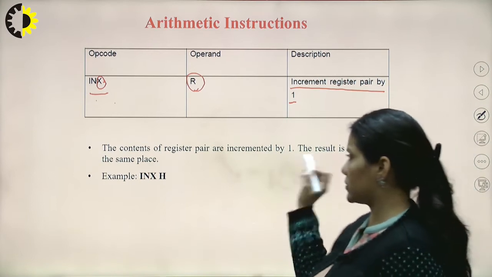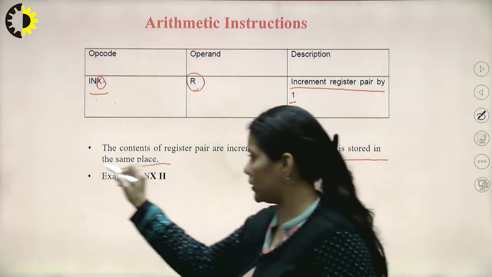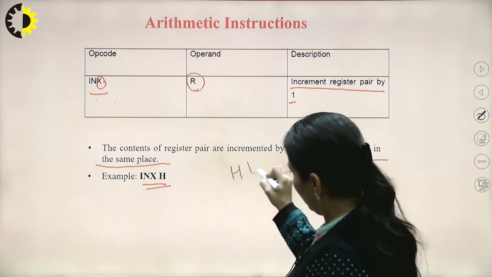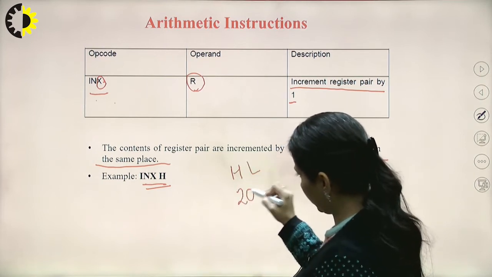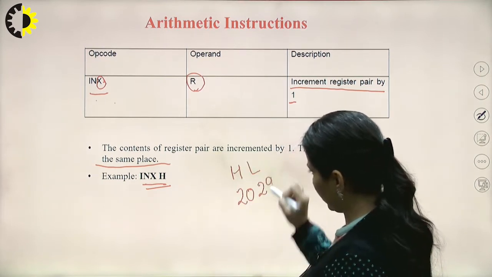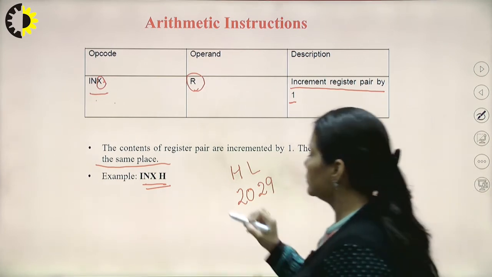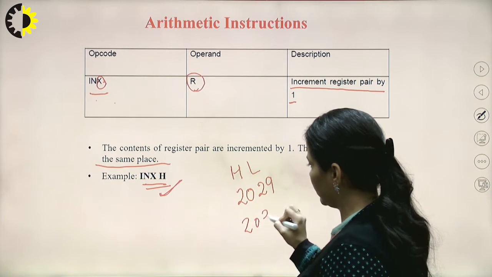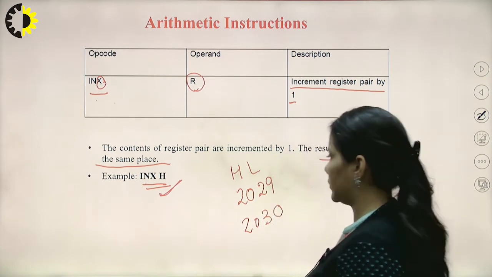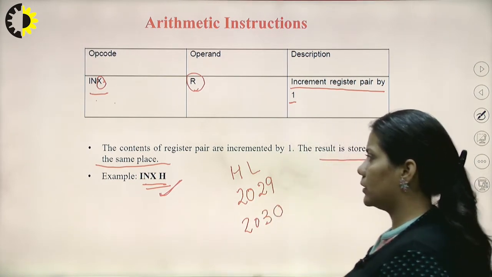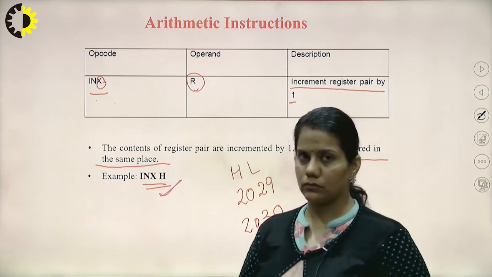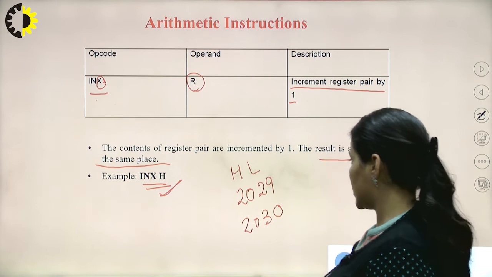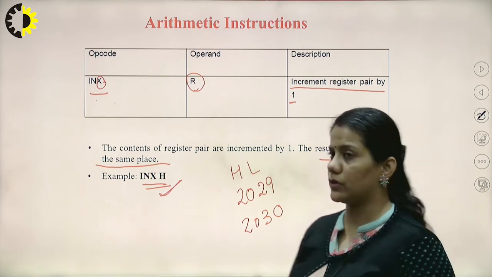And the result is stored in the same place, obviously. Suppose HL register pair holds 2029. After executing this instruction, this value will become 2030. In this way, this instruction increases the value of the register pair by 1.